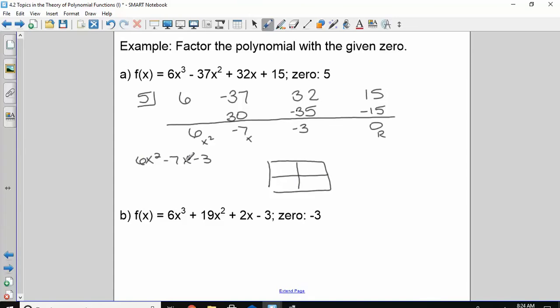So remember, the first term, the x squared goes in the first box. Constant goes in the bottom right. Those two things multiply to equal negative 18. And they have to add to equal the middle term, which was negative 7. So what would that be?